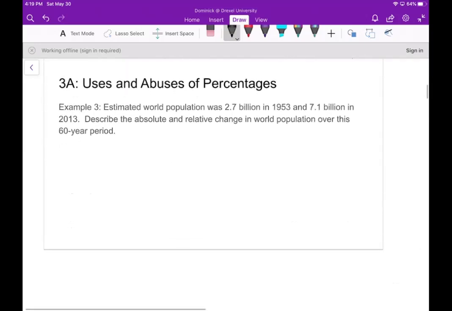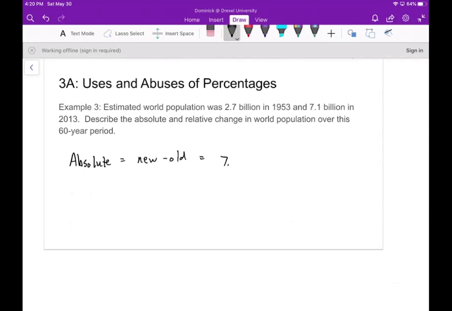Okay, let's look at another example. So we have that in 1953, the world population was estimated to be 2.7 billion, and in 2013, it was estimated to be 7.1 billion. All right, so again, let's find each of the absolute and relative change. So absolute, I want new minus old.